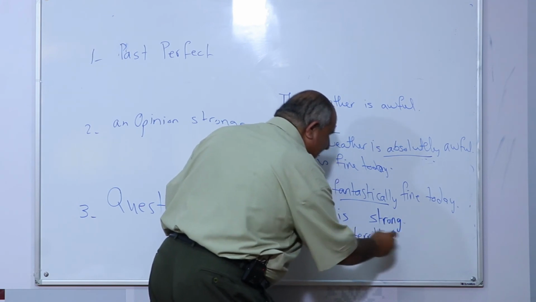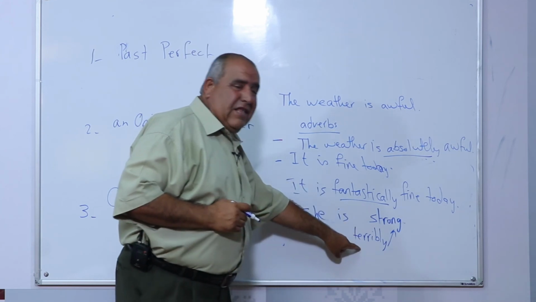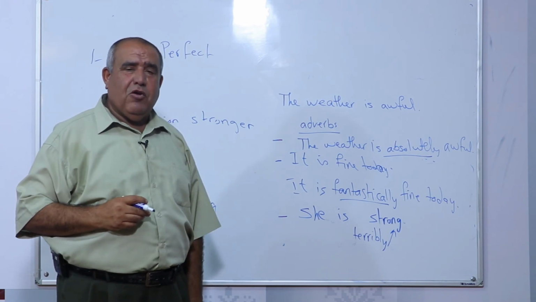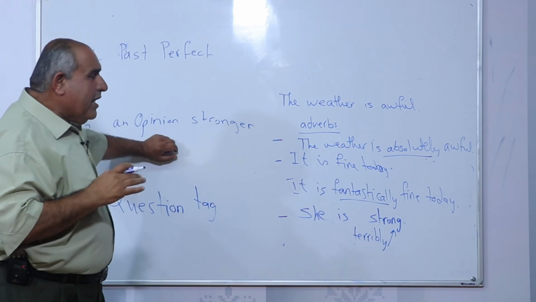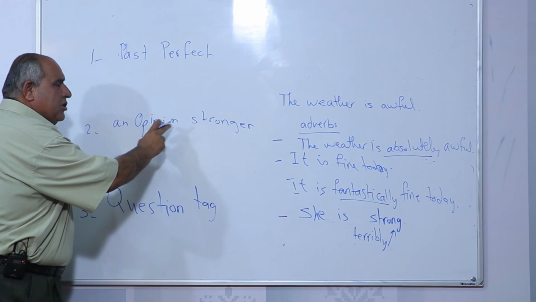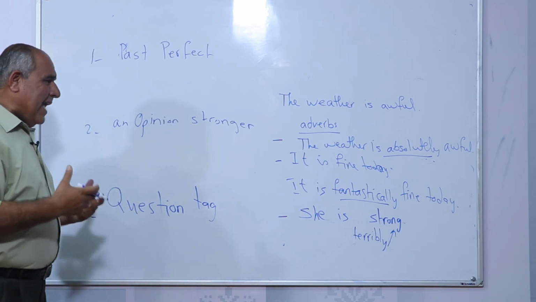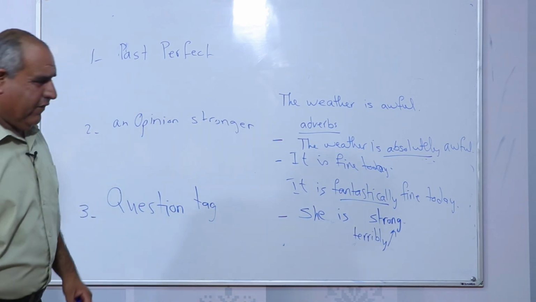So we qualify the adjective strong with the adverb terribly in order to strengthen my opinion, or to make my opinion stronger. So therefore you can make your opinion stronger by adding adverbs before the adjectives which should be qualified.